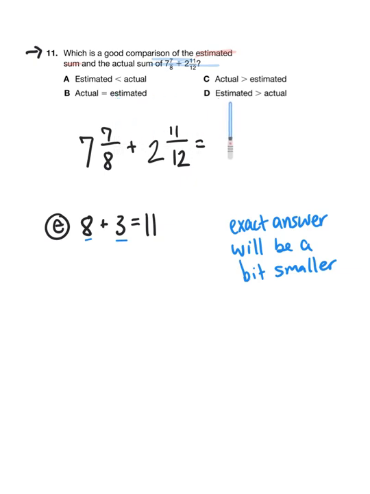Or is your estimated answer bigger than your actual answer? Now, I'm going to go ahead and say that these two things mean the same thing. Estimated is less than actual. Actual is greater than estimate. So interesting. I'll be curious to see what you guys choose. A, B, C, or D.